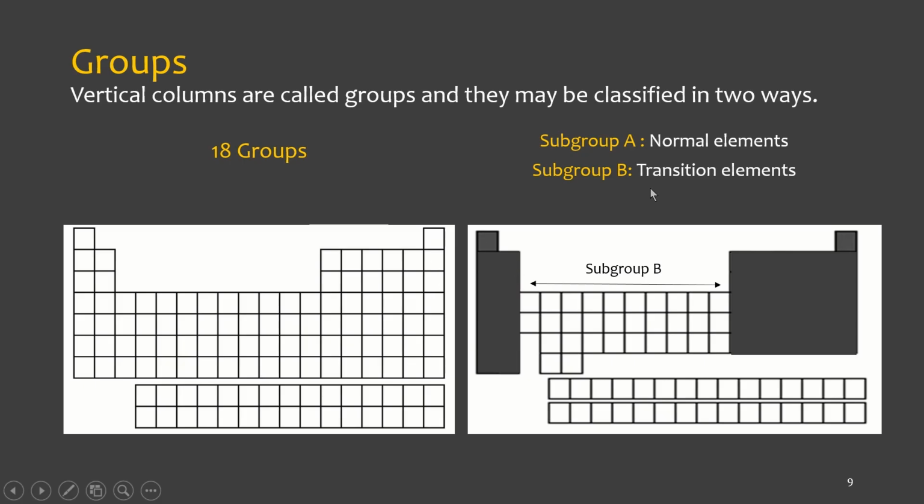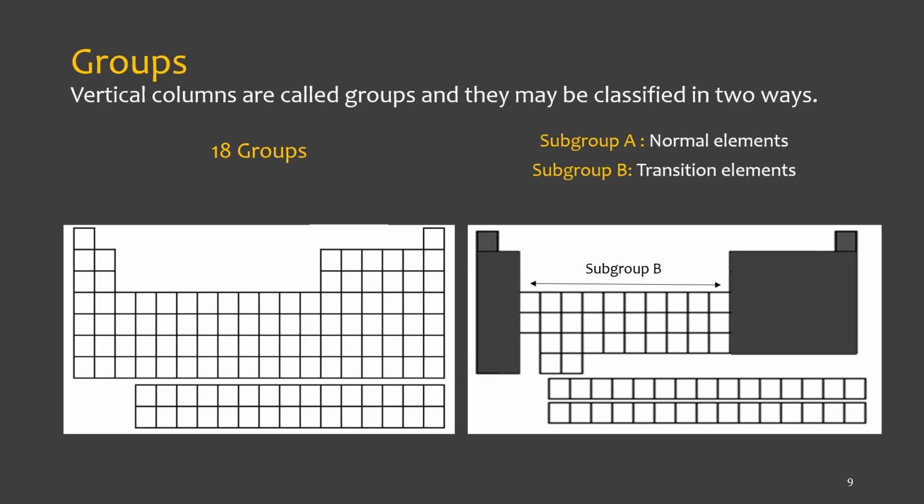And this is the second notation, in which the 18 groups are divided into two subgroups. Subgroup A contains all the normal elements, and subgroup B contains all the transition elements. So here in the center we have subgroup B, and these blocks which are dark in color are the normal or non-transition elements, and they constitute subgroup A. Both notations are fine, and sometimes you need to mention both.